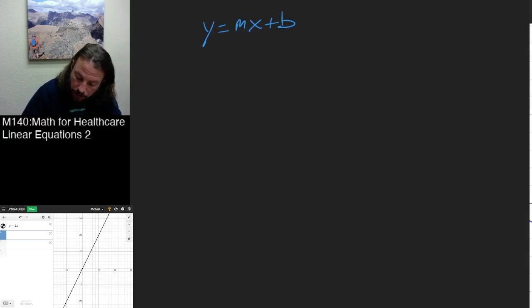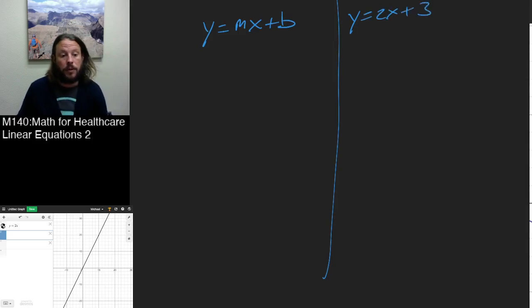And maybe over here we're going to write an example. So for instance, y equal to 2x plus 3.